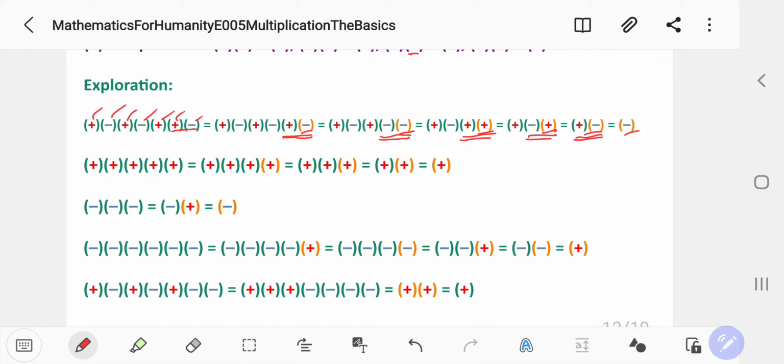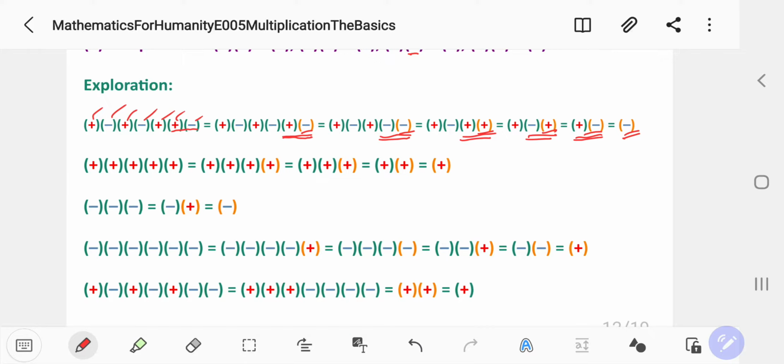So no matter how many numbers you multiply, the prevailing sign, if you have an odd number of negative signs, will result in a negative sign. You just multiply slowly and then you get the final sign.